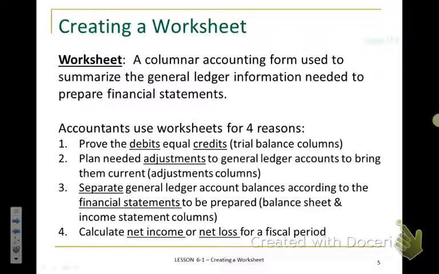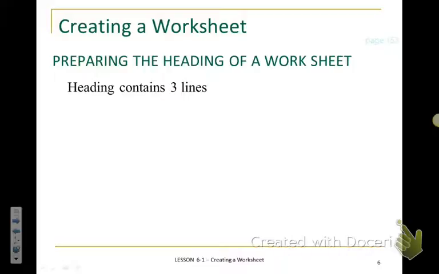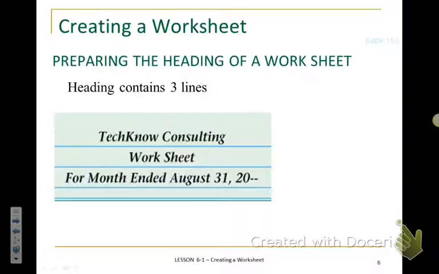All right, so let's go. First thing we're going to do, like any other of our financial statement reports, is start with a heading. Our heading is always going to include 3 lines. You'll notice there's a heading at the top of that form. The heading is the name of the company, Techno Consulting. What this form is, it's called the worksheet. And then what's the period of this form?